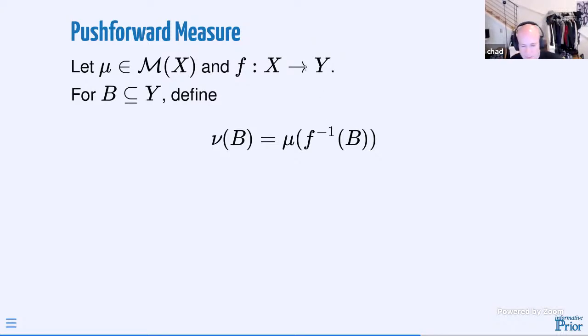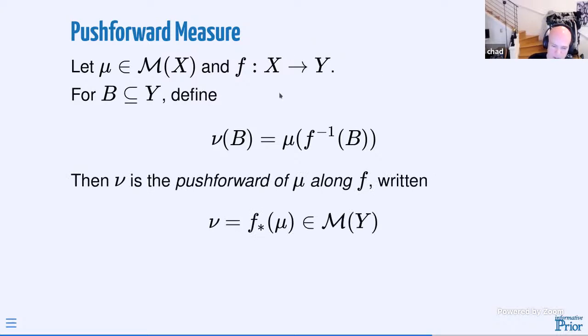For that, in some cases, we can do it without f being invertible. But typically, to make it always work, we really need f to be invertible. And in that case, nice things happen, and things simplify quite a bit.